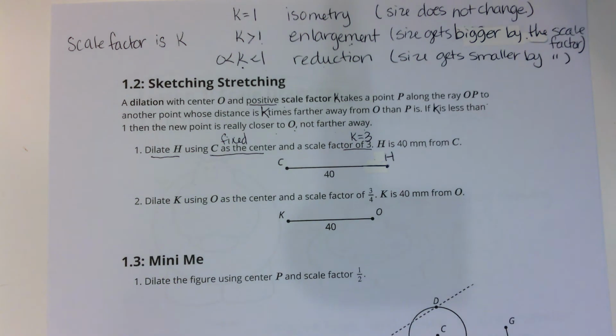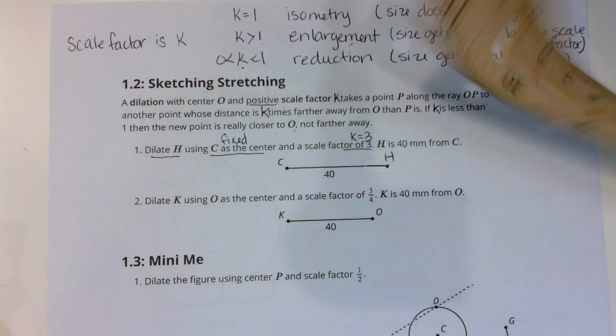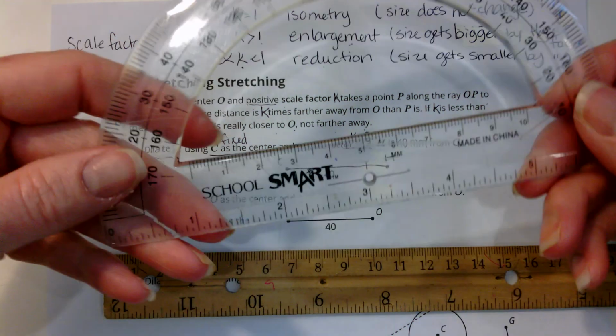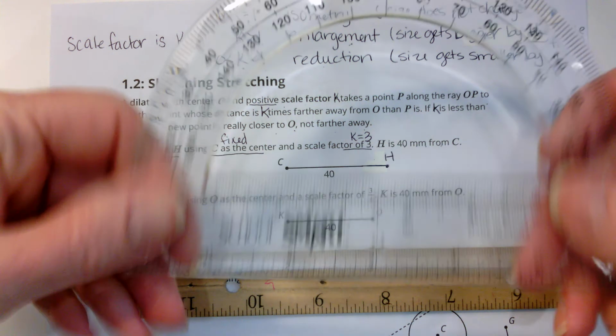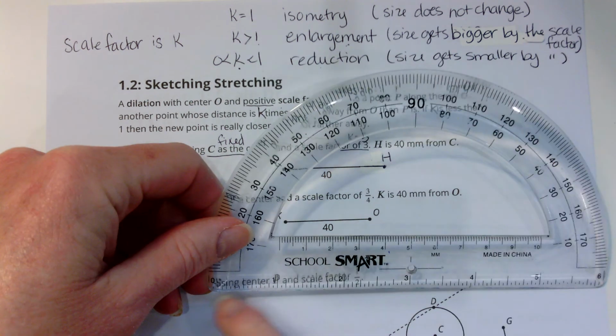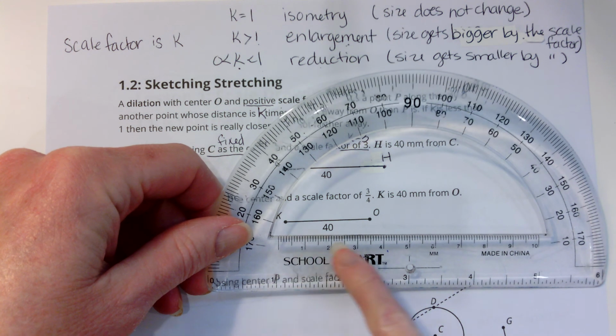So for Unit 3, you are going to need a ruler or a protractor that has millimeters. So really what you want is a protractor or ruler that happens to have centimeters. The metric system is based on tens. So for instance, this is my protractor, and this is my inches ruler across the bottom. This is my centimeter ruler.